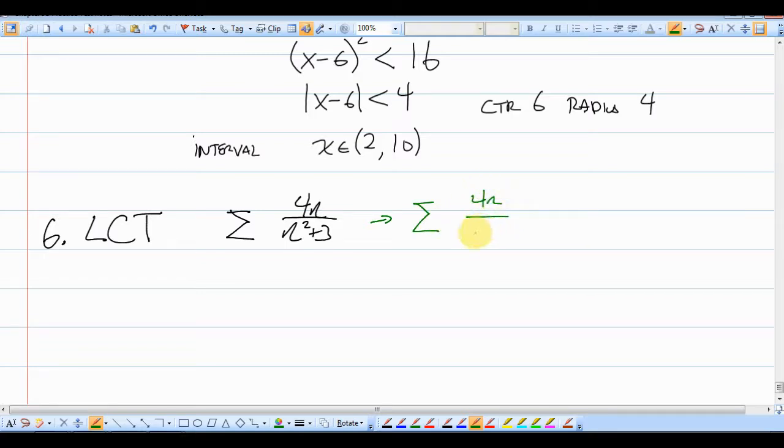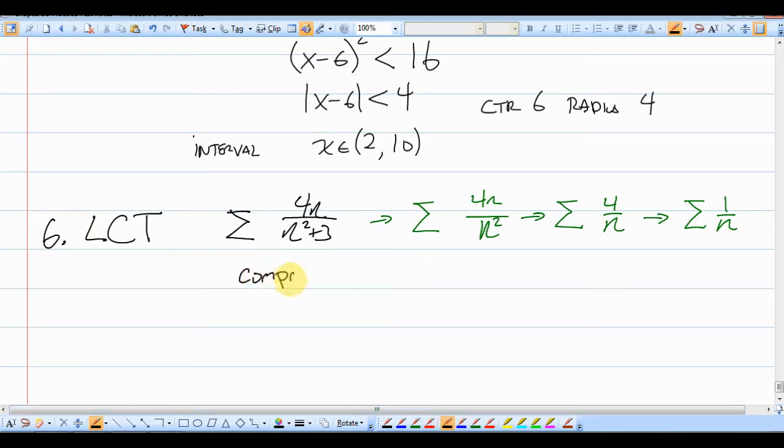The lead term of the denominator is n squared. Let's simplify that. That simplifies to 4 over n. If there are any constants remaining, turn those constants into 1. So basically, we're going to compare to 1 over n.